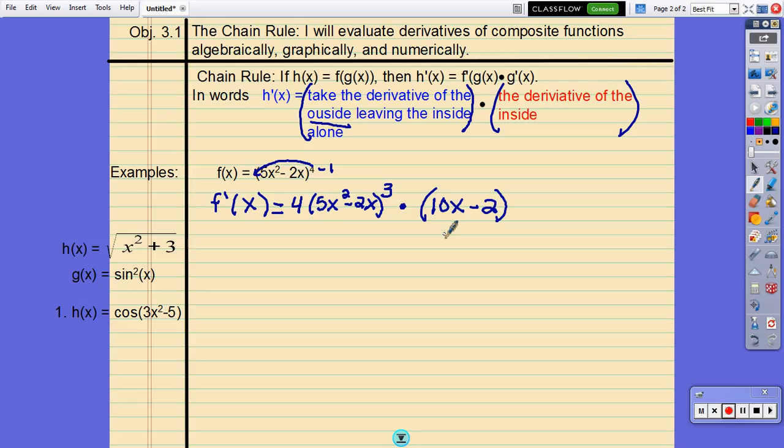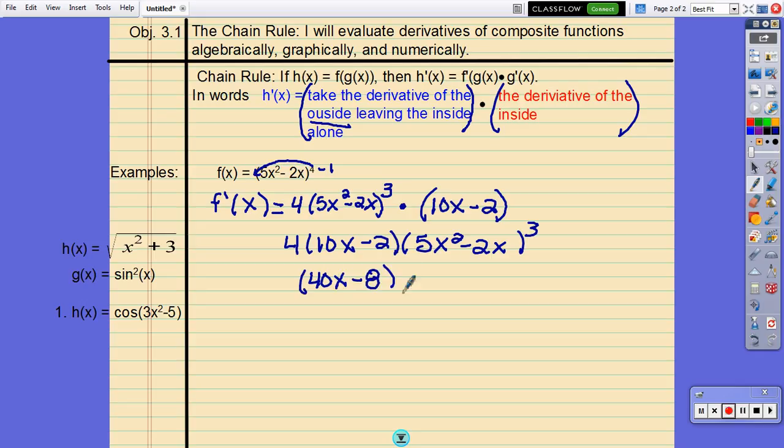If this is a multiple choice test, more than likely you might see this 10x minus 2 brought to the front, and they might even distribute that 4 in there. So it might look something like this. This is one option. You do not have to go through these steps, but again, if it's multiple choice, they might actually go through and do this.